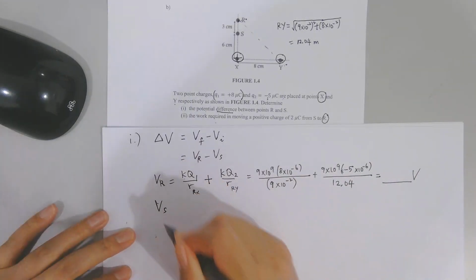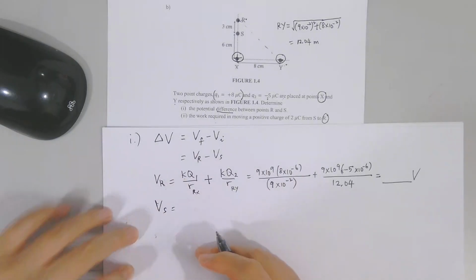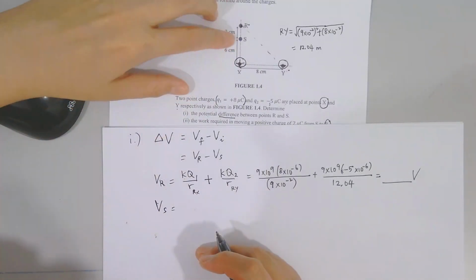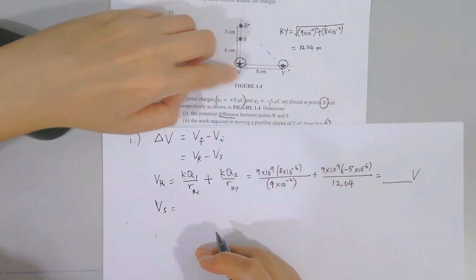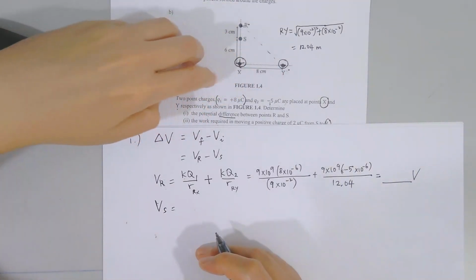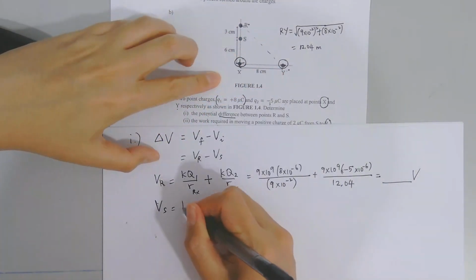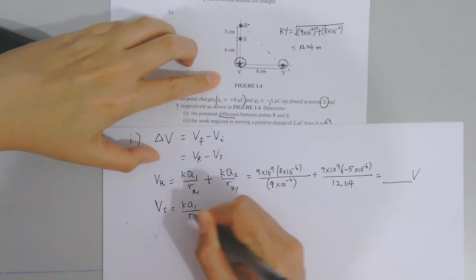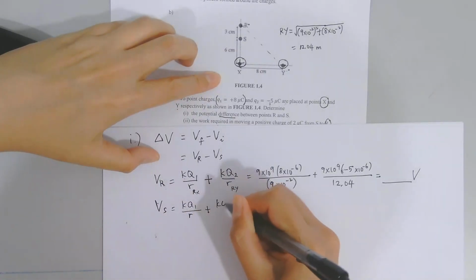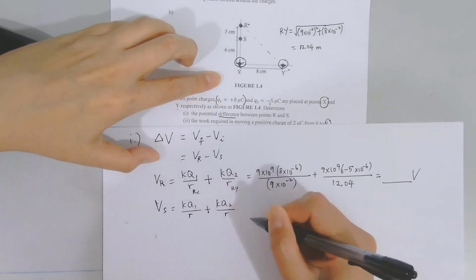How am I going to find Vs? The electric potential at this point is actually influenced by both point charges here also. So you do not only have KQ1 over R, I have to add on KQ2 over R as well.